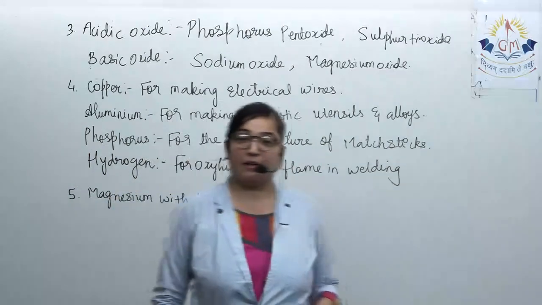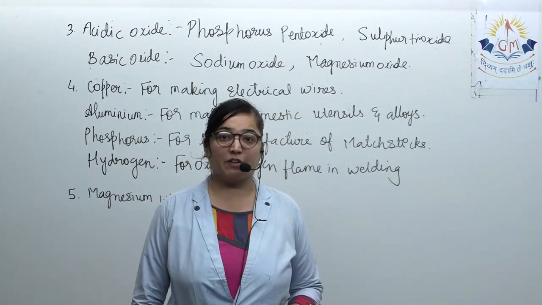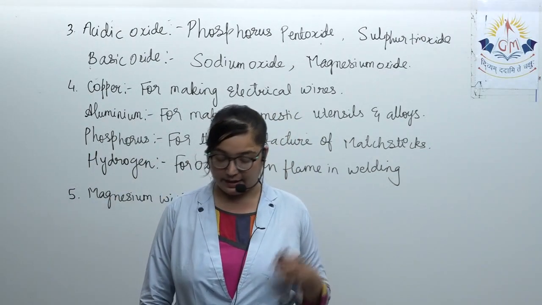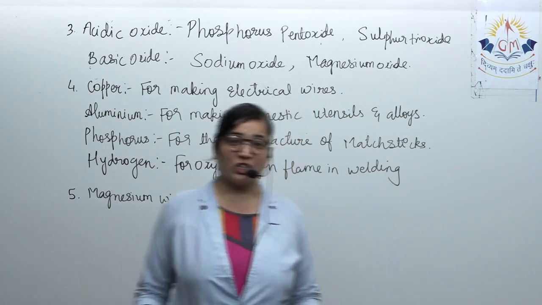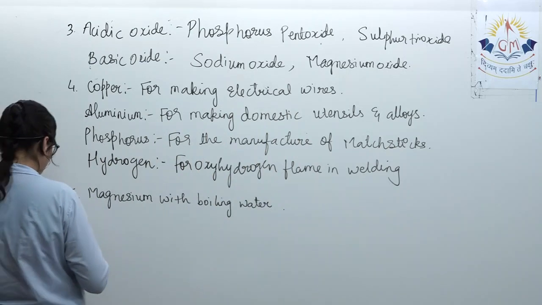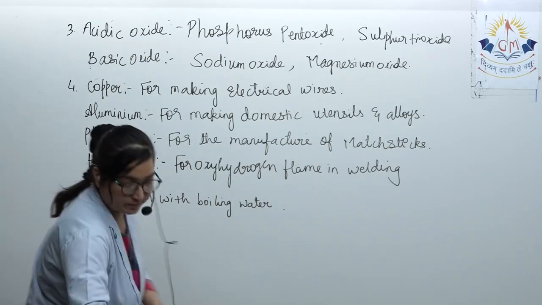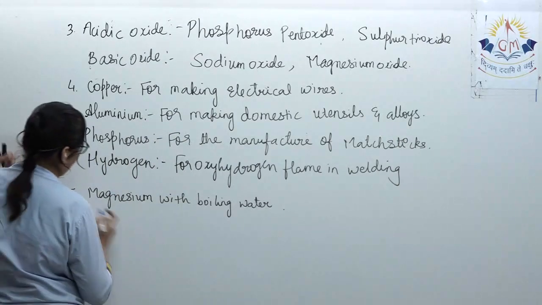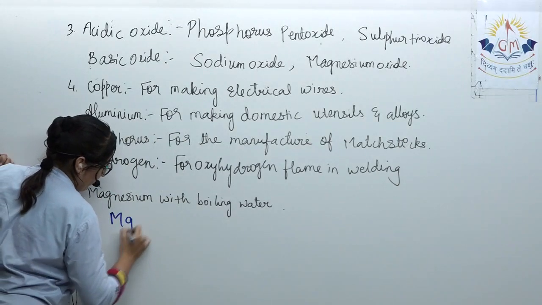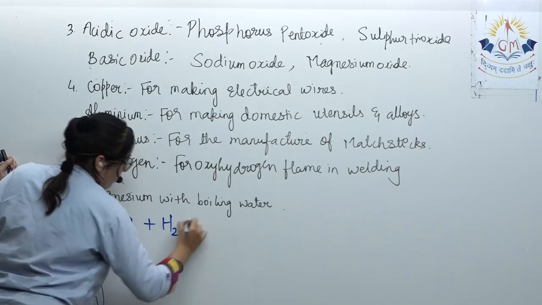We know that whenever any metal is reacting with water, we get metal hydroxide and along with it hydrogen. So here magnesium, when it will react with water, what you will get?